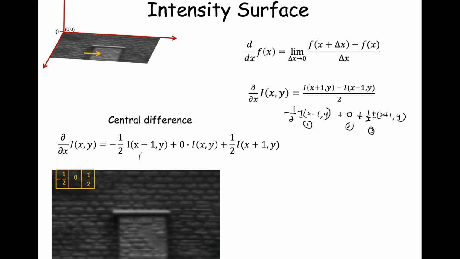Here we have the first term exactly as written, the second term here exactly as written, and now the third term here. That's 1/2 times the intensity function on the scan line on the right-hand side of x in image coordinates. That's our third term, 1/2 I of x plus 1 comma y.